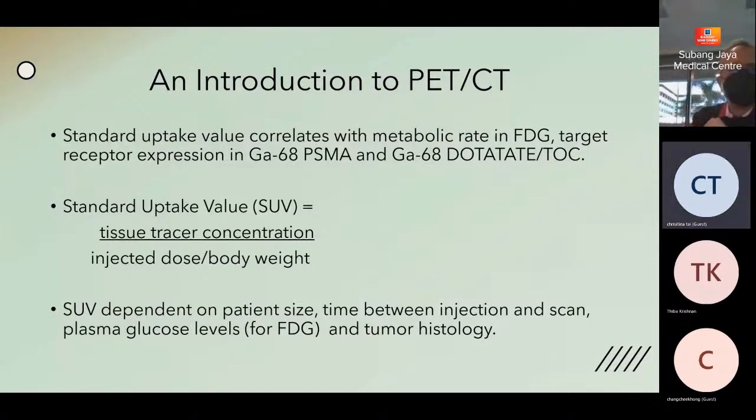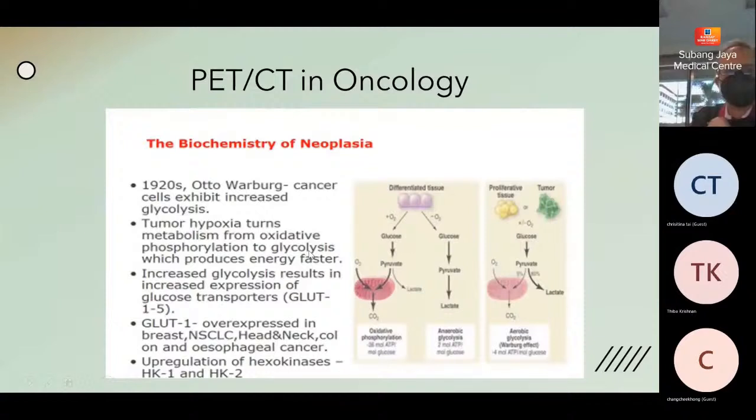Right. Coming back again to the principles of neoplasia that PET is used on now, the Warburg effect in tumors, basically their metabolism is rapid, frequently outstripping the oxygen utilization. And what happens is that the cells would have to adapt, because of increased glycolysis in tumors, there's an increased expression of the glucose transporters, GLUT1 to GLUT5.